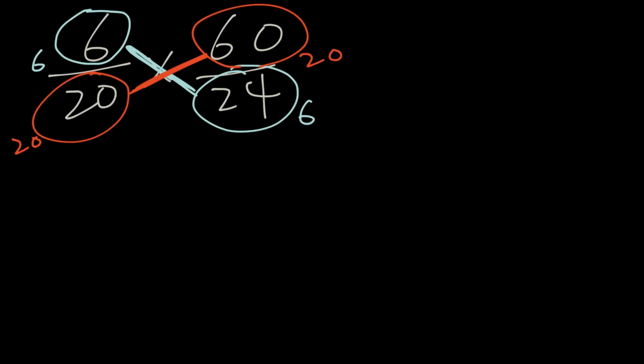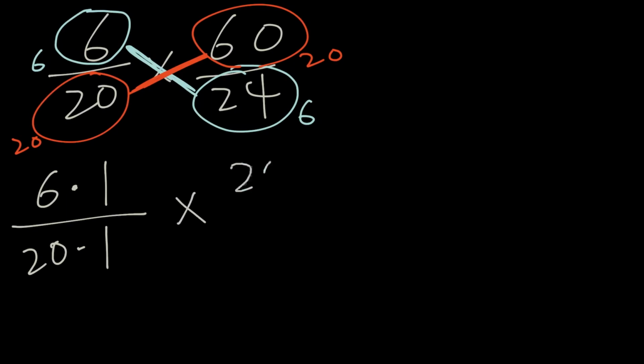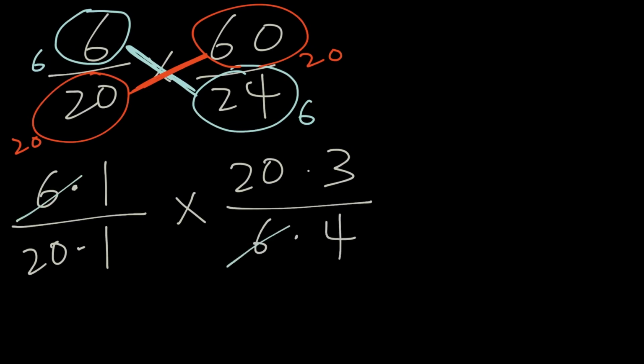Now that we have the setup ready, we'll go ahead and simplify before we multiply. So the numerator here will be 6 times 1. And the denominator will be 20 times 1. The 60 will be 20 times 3. Denominator here will be 6 times 4. Then all we have to do is cross them out and cross the 20 out.